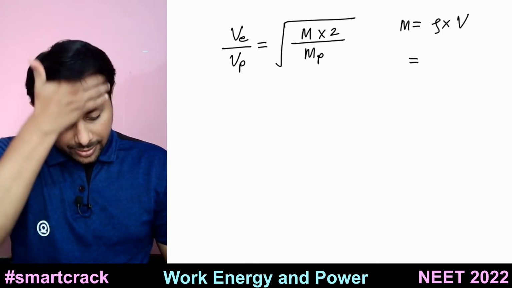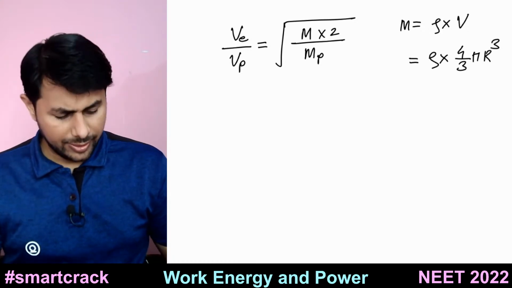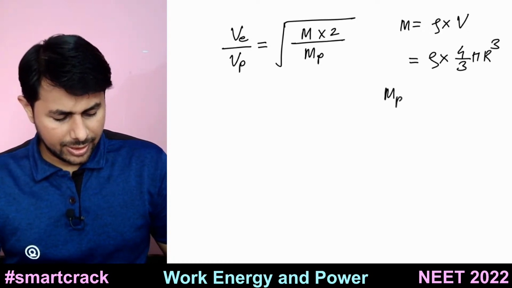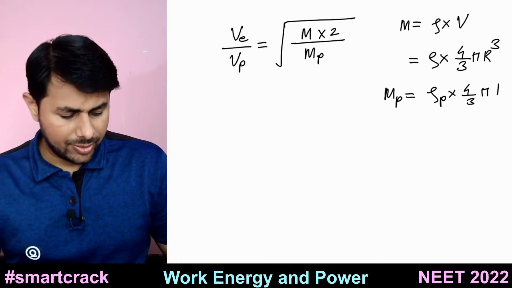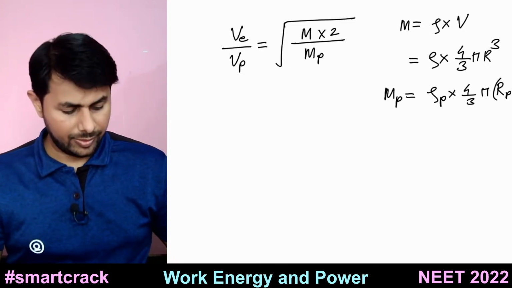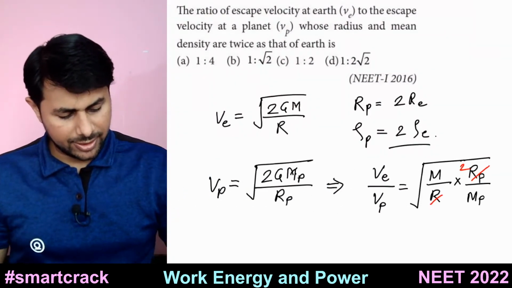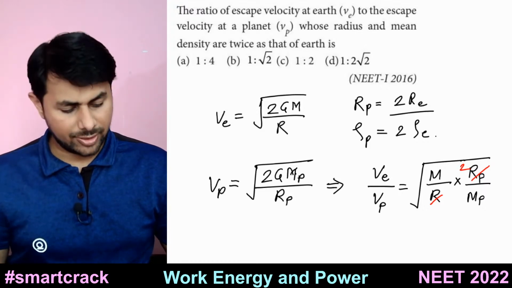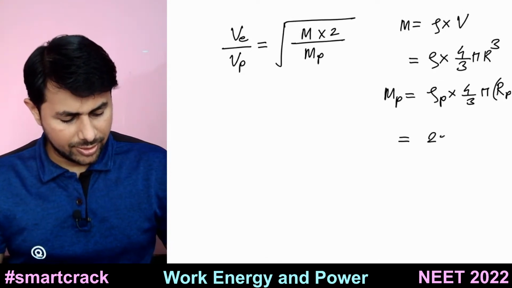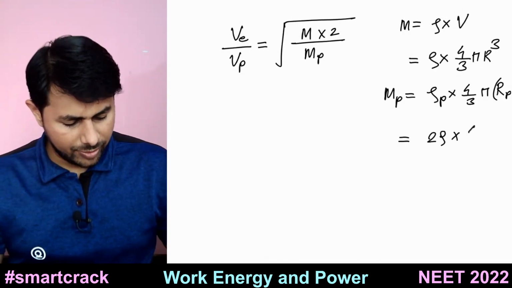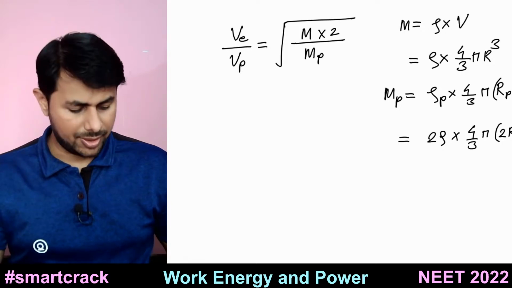So it is rho times 4 by 3 pi r cube. Okay, so I want mass of planet, it will be equal to density of planet multiplied by 4 by 3 pi into radius of planet raised to 3, and we know that density of planet is 2 times density of Earth, radius of planet is 2 times radius of Earth, so we can substitute that. So density is twice the density of Earth multiplied by 4 by 3 pi, and this is twice the radius of Earth raised to 3 we have.